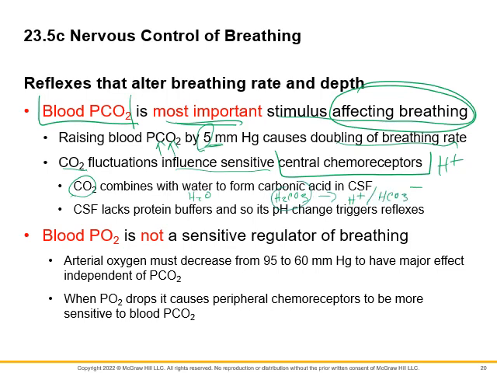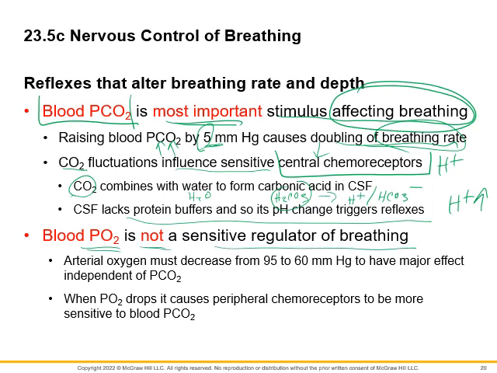But really this carbonic acid is going to trigger these increases in hydrogen ions. The central chemoreceptors are going to detect that, and it's going to cause you to start breathing faster. Oxygen is not a sensitive regulator of breathing. Oxygen has to drop by quite a large amount to have any sort of effect independent of CO2.